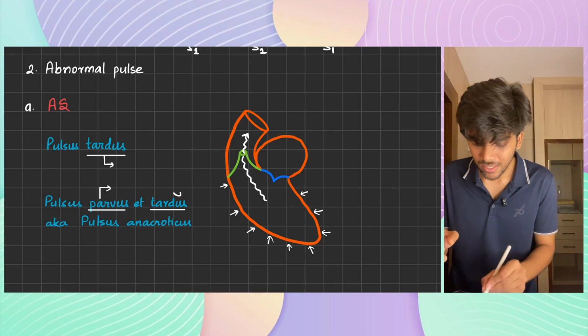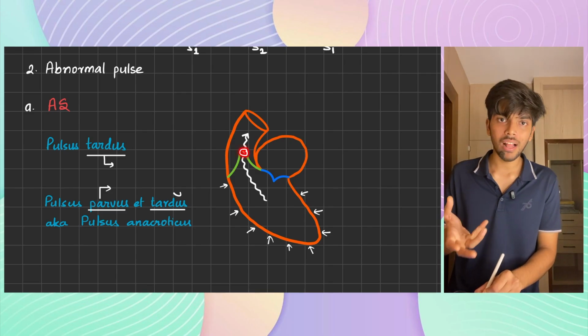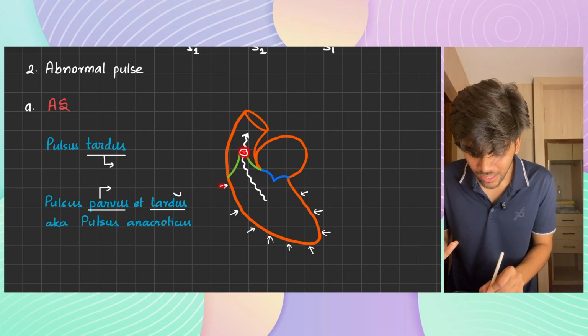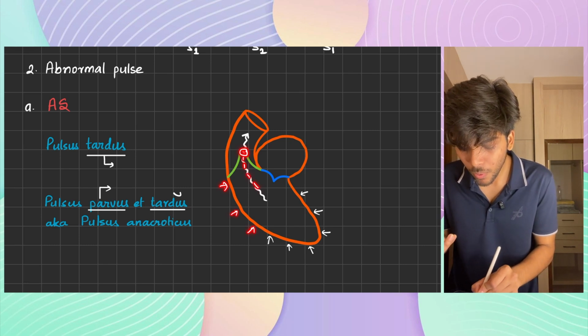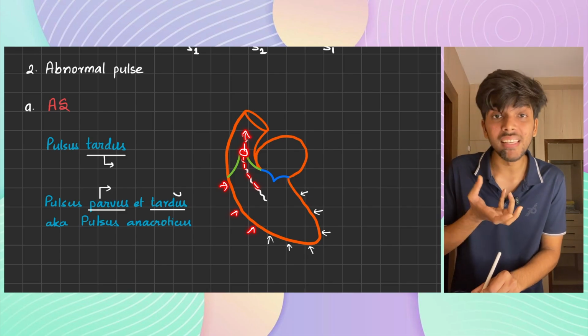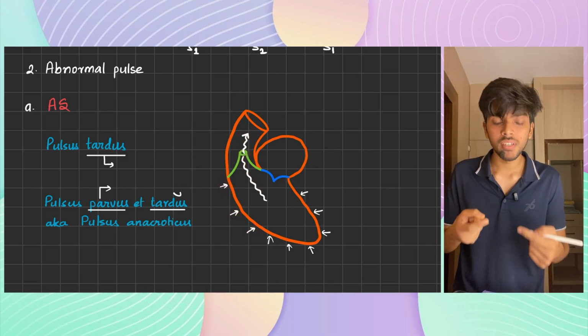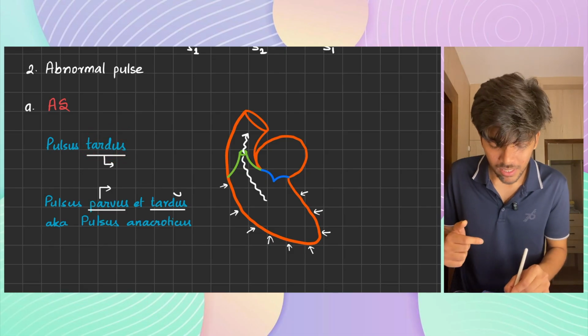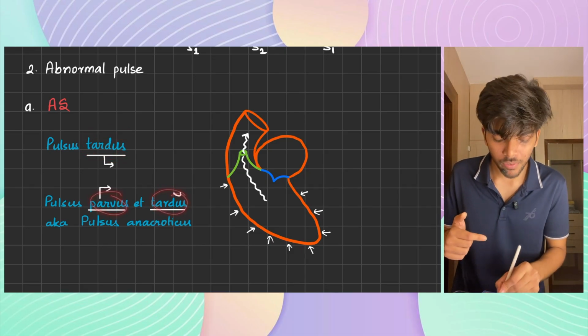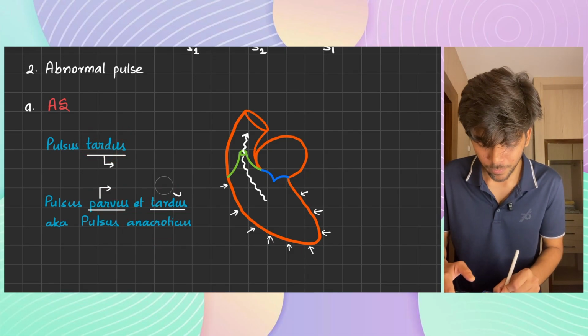Aortic stenosis is the narrowing of the aortic valve. As a result, when the left ventricle contracts, only small amount of blood gets ejected out with each contraction, which results in either pulsus tardus or pulsus parvus et tardus, also referred to as pulsus anacroticus.